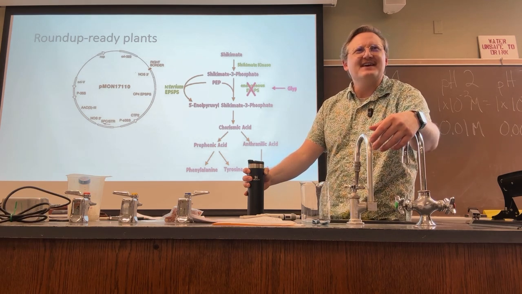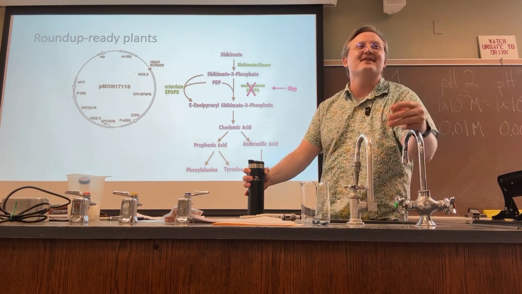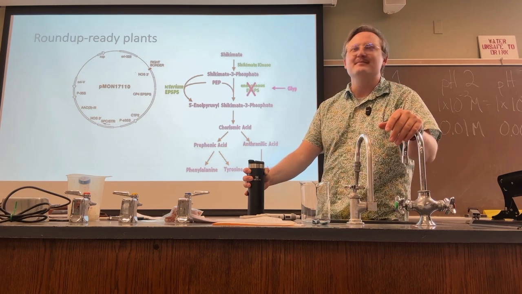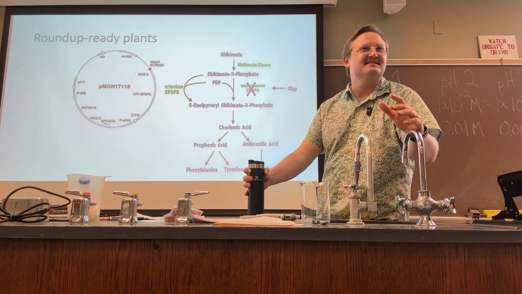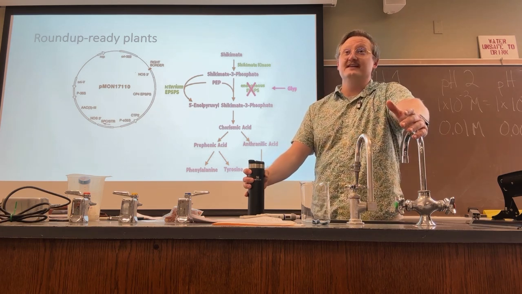And then they've got what they call triple stack corn, where it makes its own pesticide and it's Roundup Ready and it's resistant to another herbicide. And that corn, you can just dump poisons on it all day. Bugs try to land on it, their intestines dissolve, but then we eat the corn. Intuitively concerning.